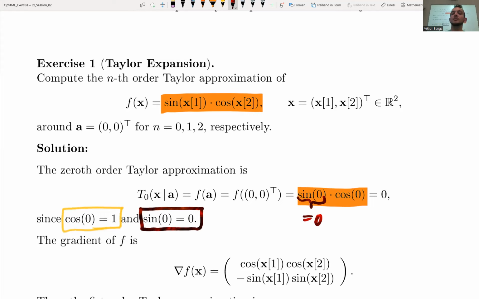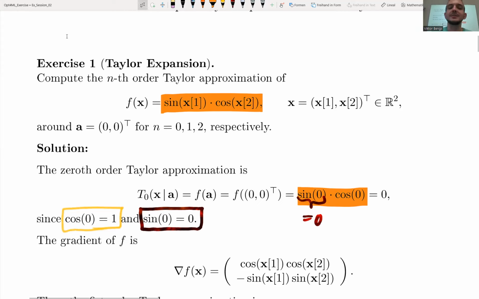And this is intuitively also the best way to do it. You want to approximate a function at a specific point, and you don't want to include complicated terms. So the zeroth order Taylor approximation is the most uncomplicated way to approximate it, namely by a constant. And the best constant to use is, of course, the function value at this point.